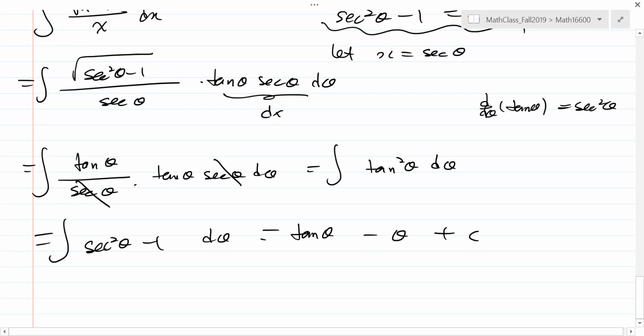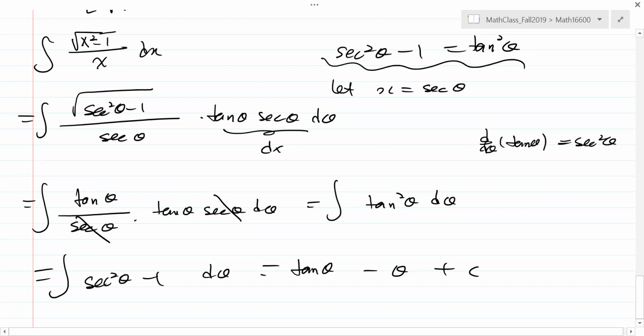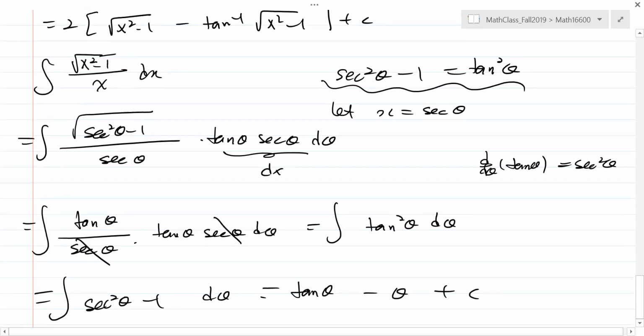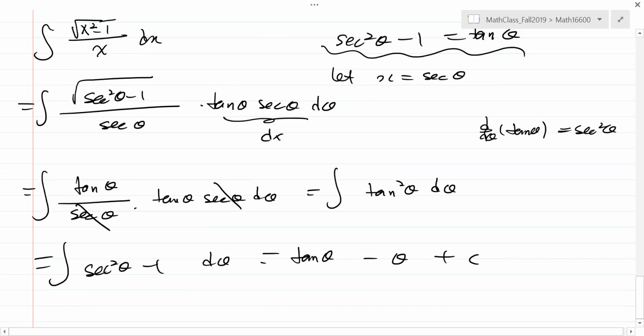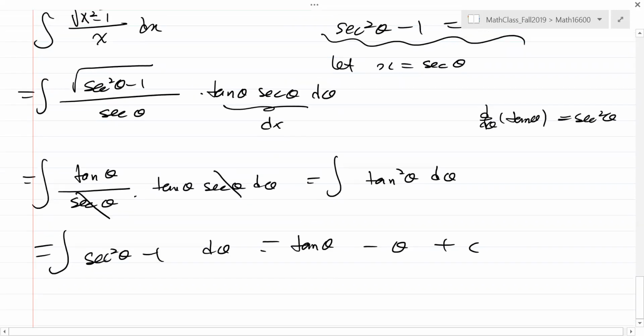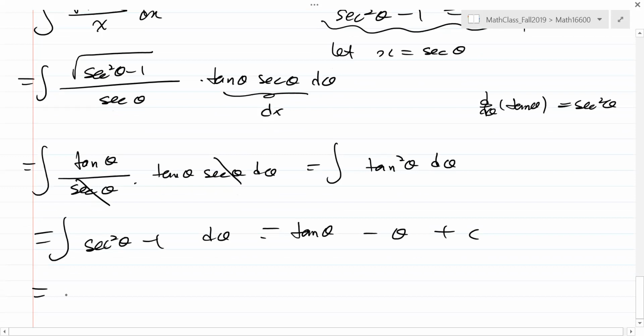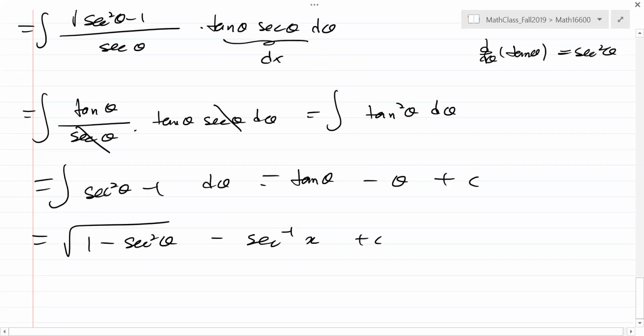So next part, I have to express tangent theta in terms of x. I know x is secant theta, right? So what is tangent theta? It still goes back to this. And theta is the secant inverse of x, because x is secant theta.